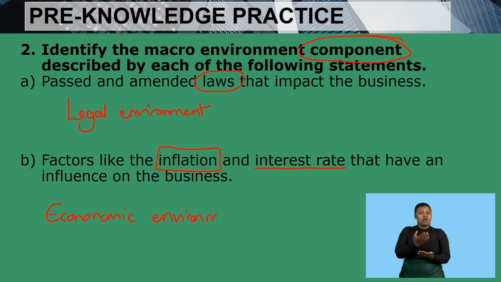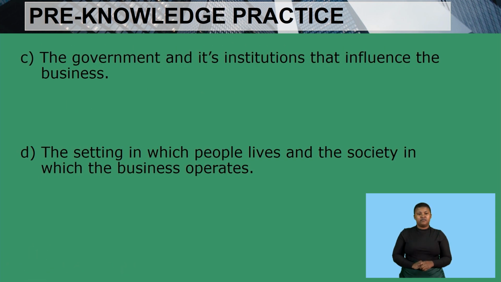So our answer here will be economic environment. And then statement C, the government and its institutions that influence the business. Remember, government and its institutions are all a part of our political environment. So our component here, of course, will be political environment.